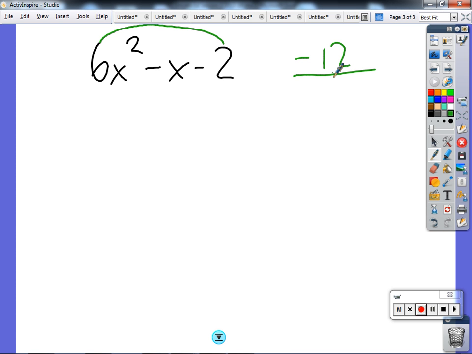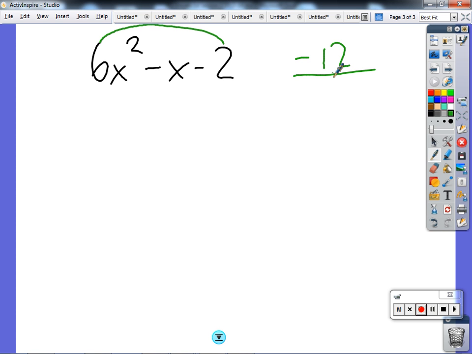Ax squared plus bx plus c. Where in this case, my b and c values are negative. But still, I'm in ax squared plus bx plus c. Correct? Does everybody see that? Notice I just multiplied my a times my c. A times my c got me my negative 12. Everybody there with me?